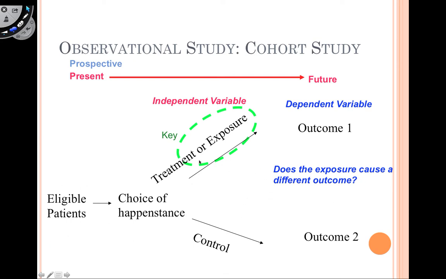We have eligible patients, we have an I and a C, and then we have an outcome variable that's measured pre and post. So the only difference is that the patients aren't assigned randomly to the intervention or the control group. And so essentially the cohort study is identical to the randomized controlled trial except for the randomization.